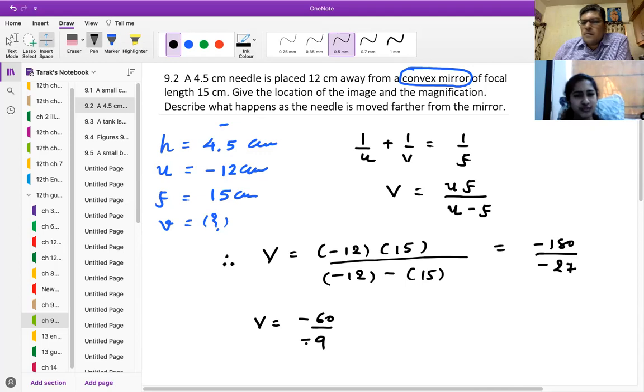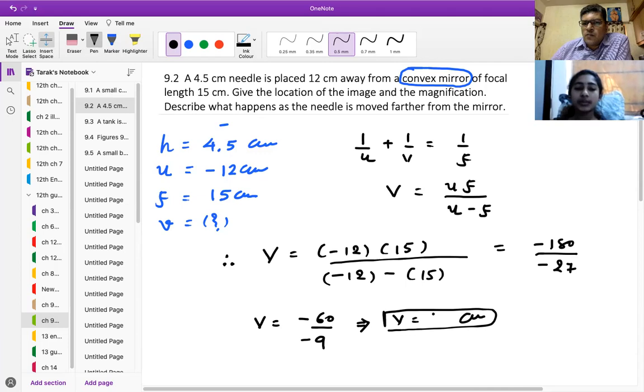9 threes are 27, so v will be a positive value. 20 by 3, 20 divided by 3, which is 6.66.